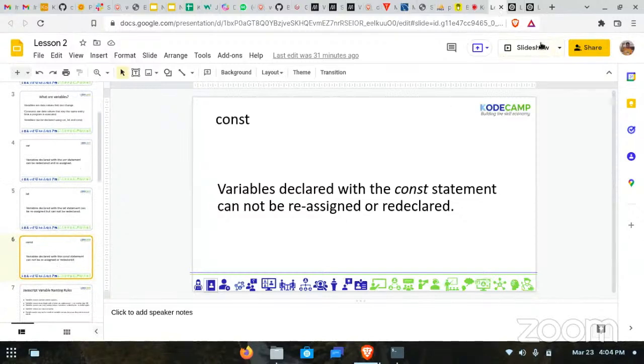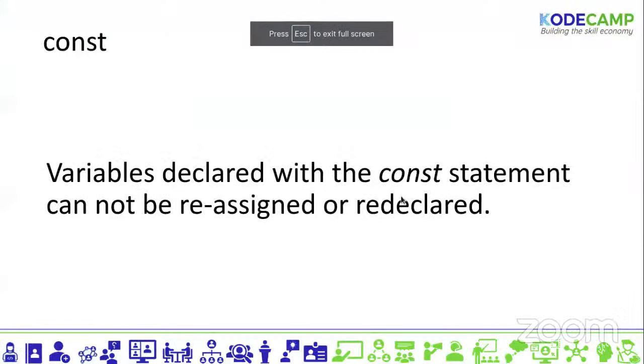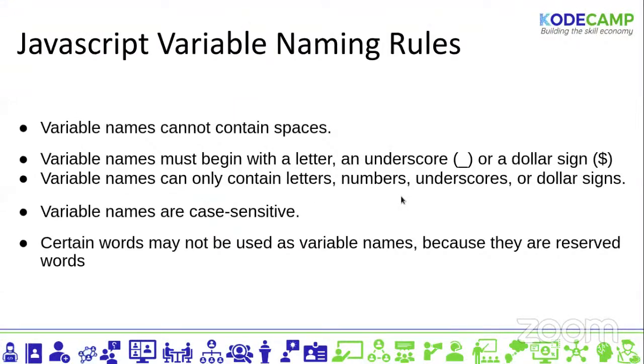So we've talked about const now. Let's continue. So now we have JavaScript naming rules. These are rules you use when you're naming your variables.